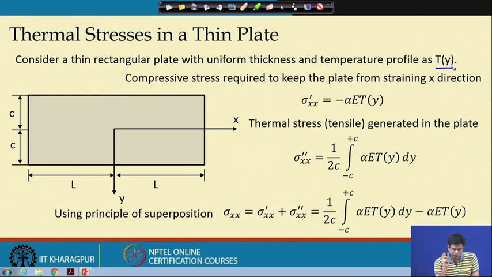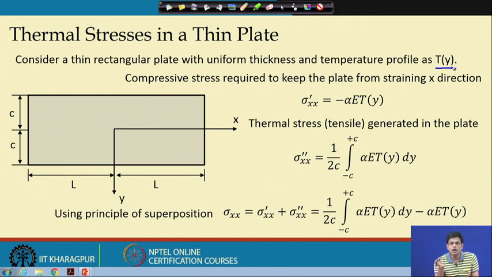So, now if you look carefully, if I want to find out the thermal stress along x direction, considering that y direction is free. So, if your thermal profile is T(y), then the y direction is free to expand.